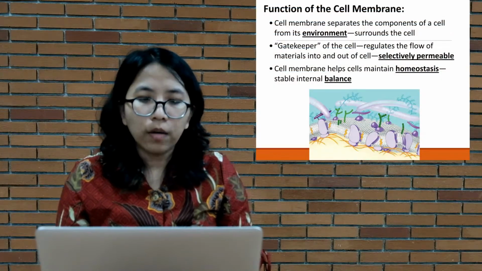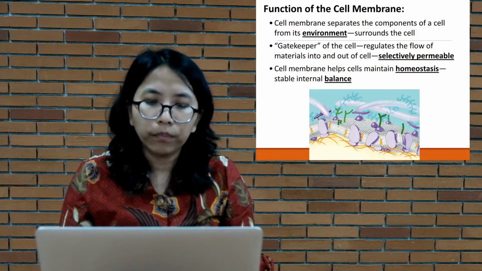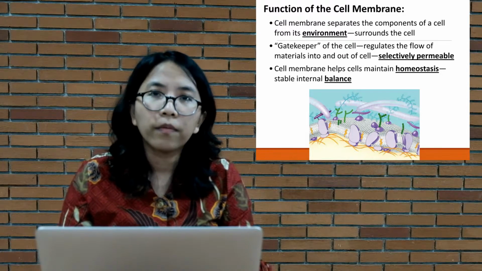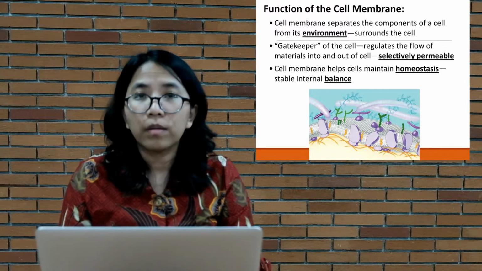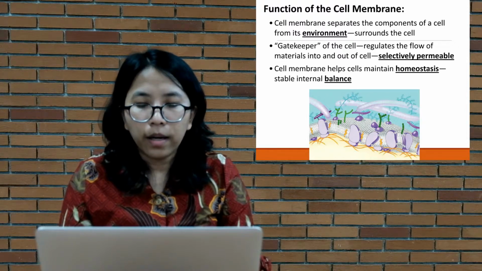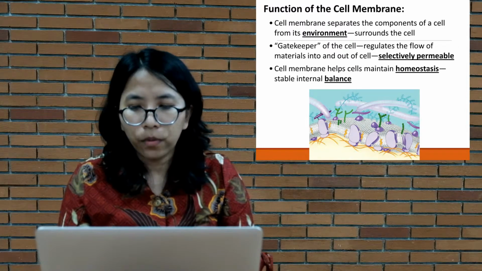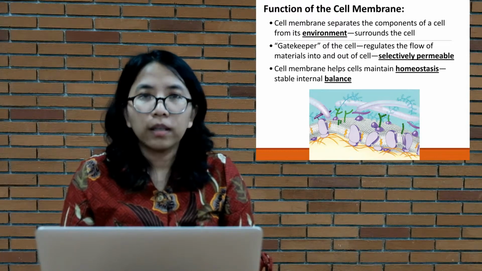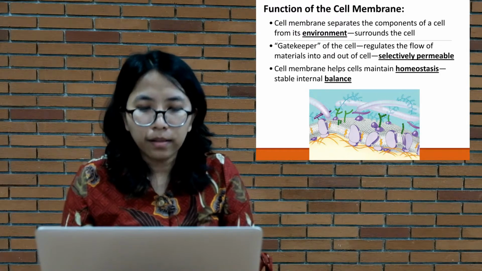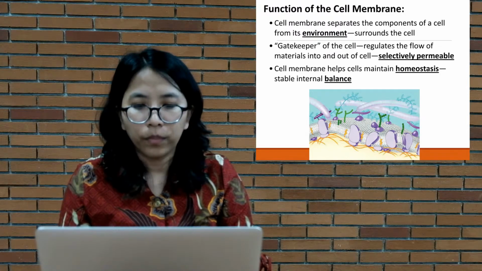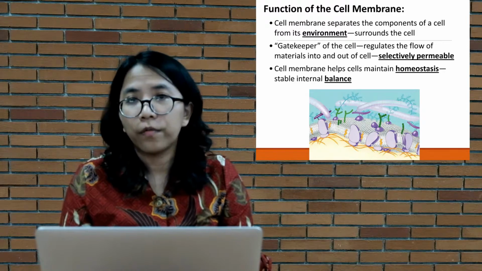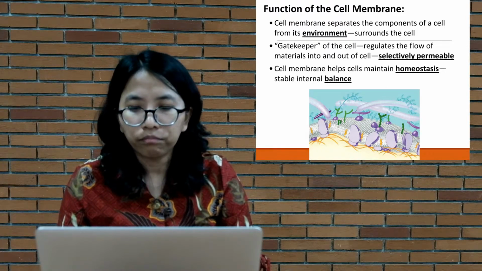The function of the cell membrane is to separate the components of the cell from the environment that surrounds the cell. It acts like protection for the cell so that the cell can minimize the effect of its surroundings, for example, different viscosity and so on.